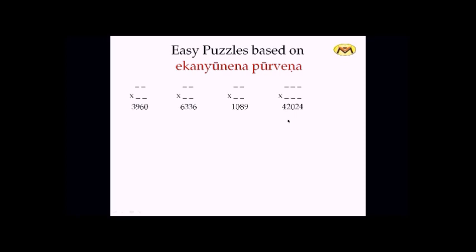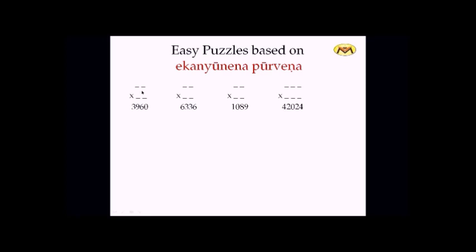When you add 63 and 36, it gives 99. 10 plus 89 gives 99. But here, when we add this, it is not giving 99. So the one who has learned Ekanyunena Purvena will know that these three come under Ekanyunena Purvena, but this one does not.